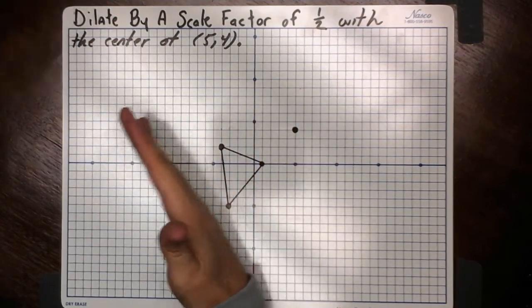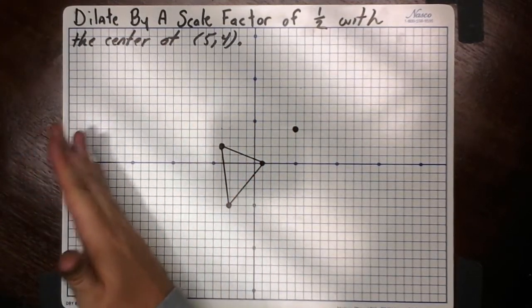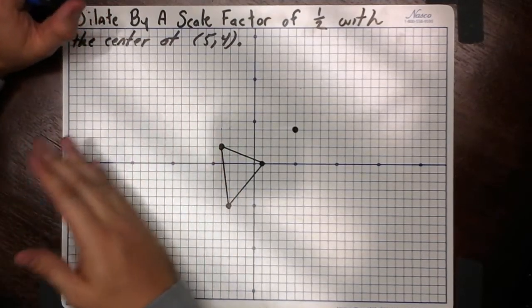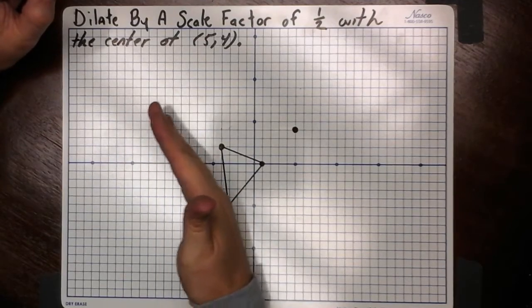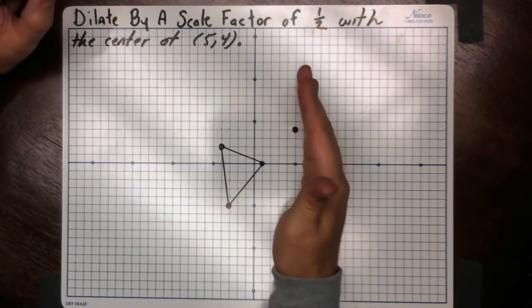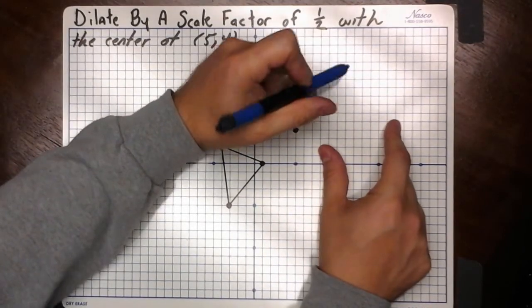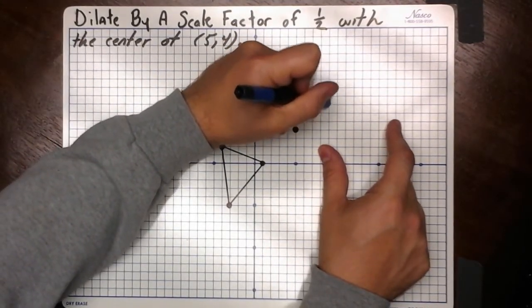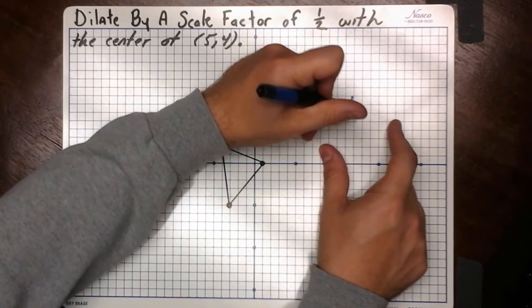Second, before, when we doubled in size, we moved away from the center of dilation. This time, because we're halving the size, we're moving towards the center of dilation, again being right here. So I just want to label that center of dilation.